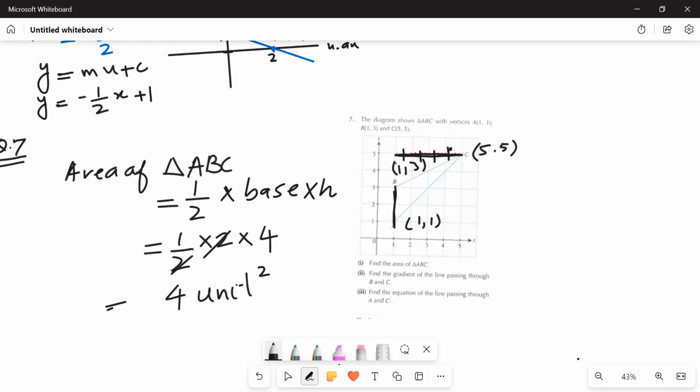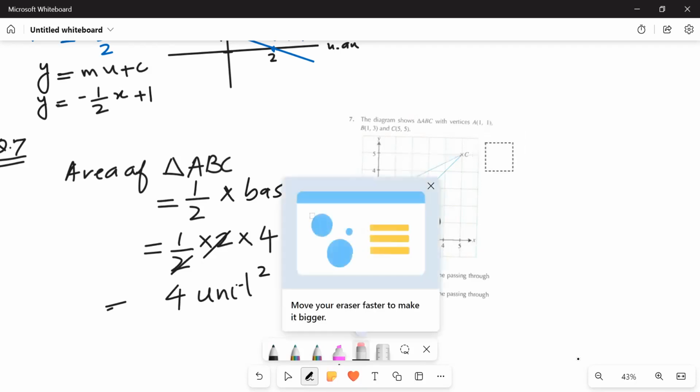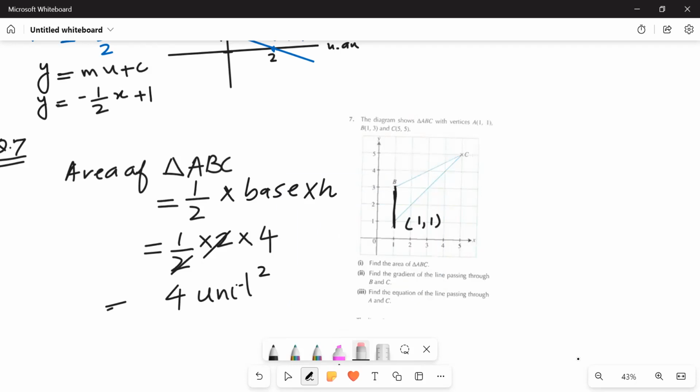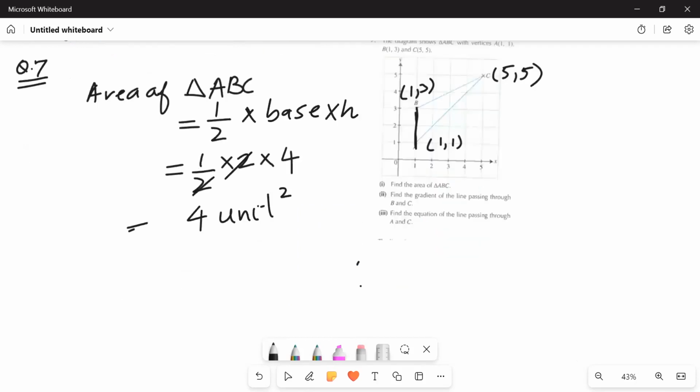Now we have to find the gradient of the line passing through B and C. The point B is 1 and 3 and point C is 5 and 5.